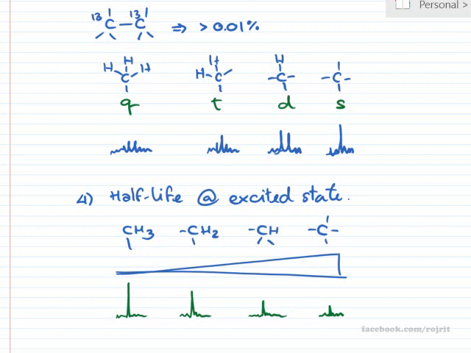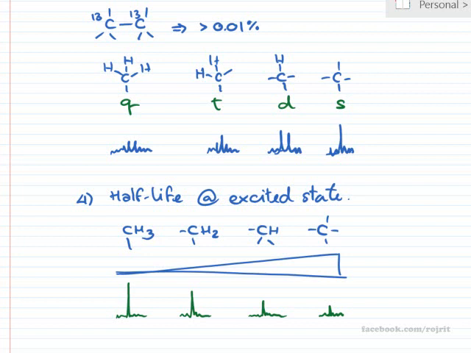But quaternary carbon will hang up in the excited state for a very long time. So during the NMR time scale, I mean 1 or 2 relaxation timings, it comes back down just about 10%, 20%, something like that. So the data collected is just about 10% of the peak height, compared with the methyl group or primary carbon.